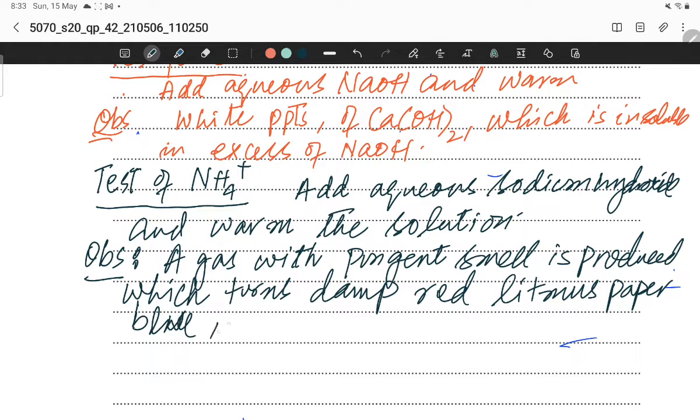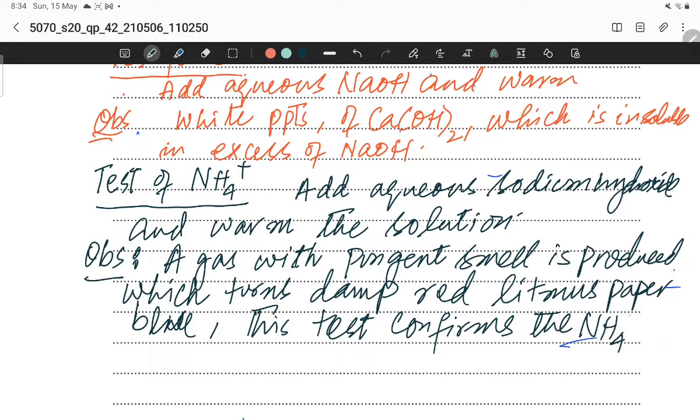This test confirms the ammonium ion, NH4 plus.